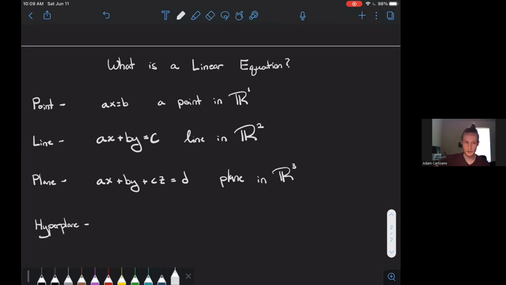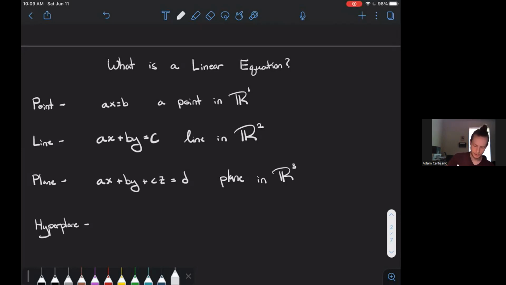Just in case you're interested, let me show you the equation for a hyperplane. By the way, after plane, hyperplane is a catch-all term that basically just means four or more.